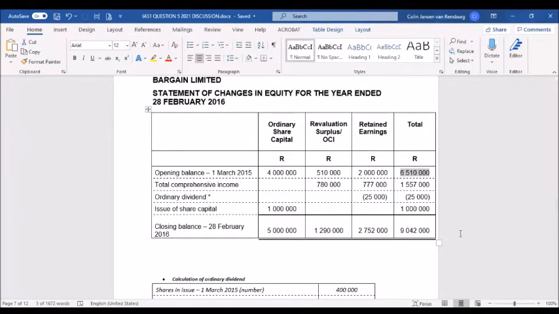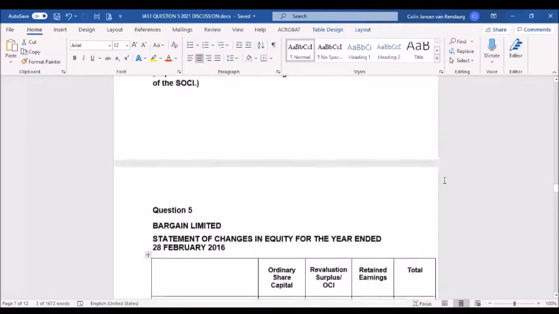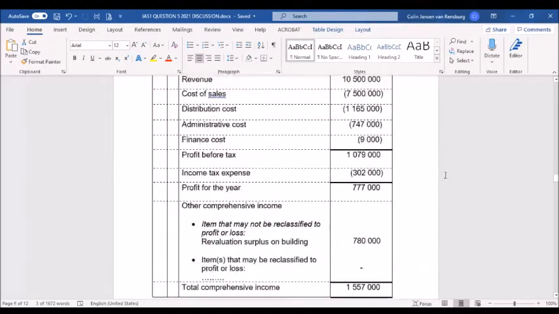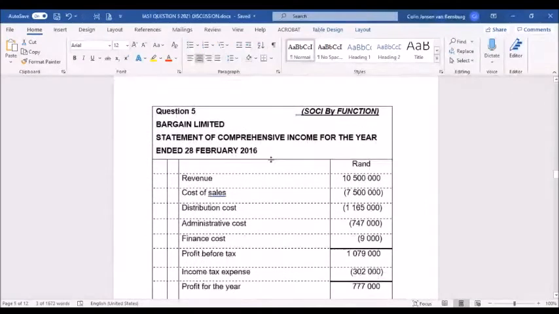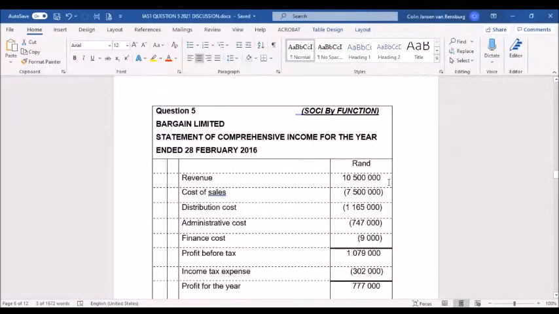Now we have to go and see what changed our equity during the course of the year. Normally, before one forgets this, you'll be surprised how easy it is to forget, the very first thing that you should show here is to transfer the amounts over from your statement of comprehensive income to your statement of changes in equity, right?